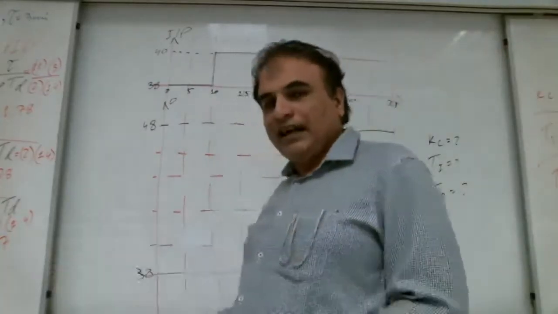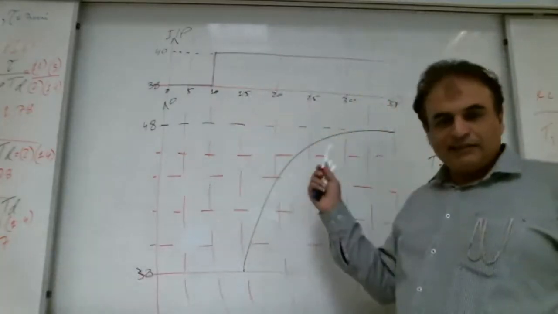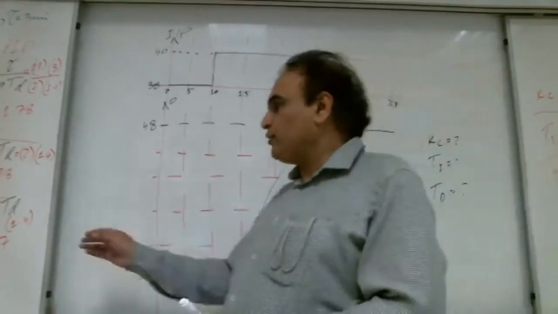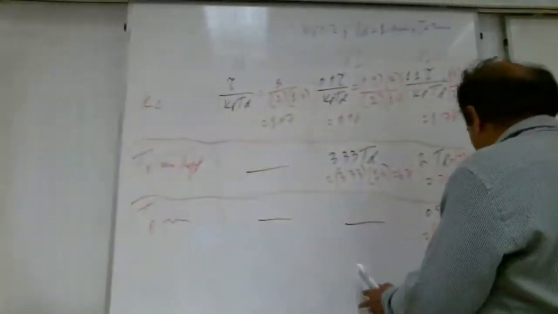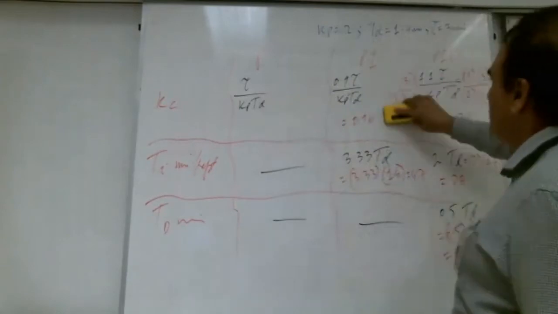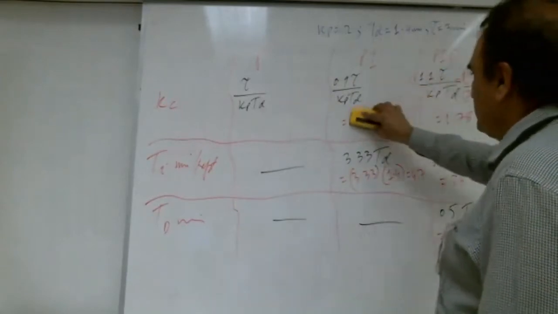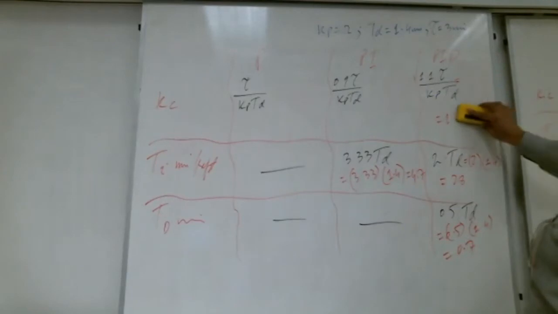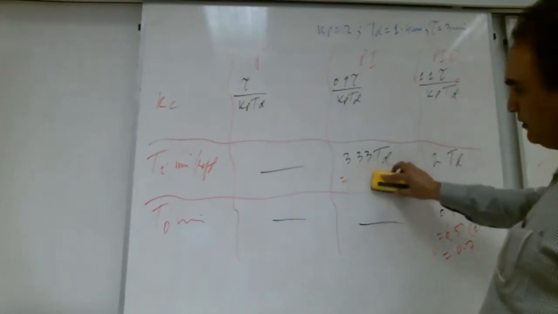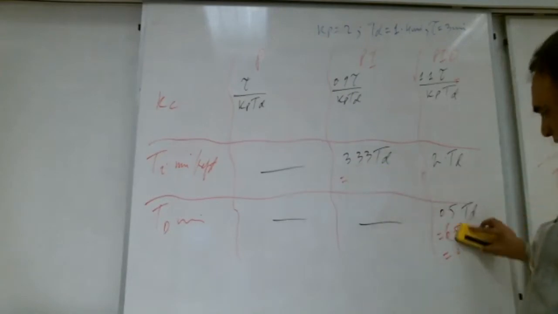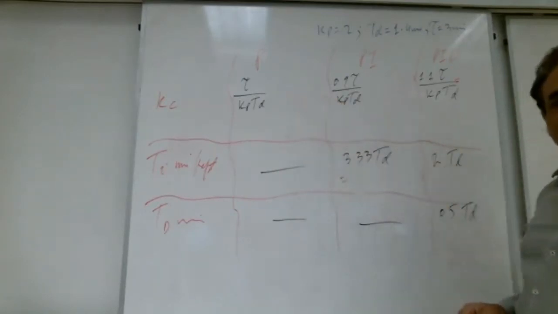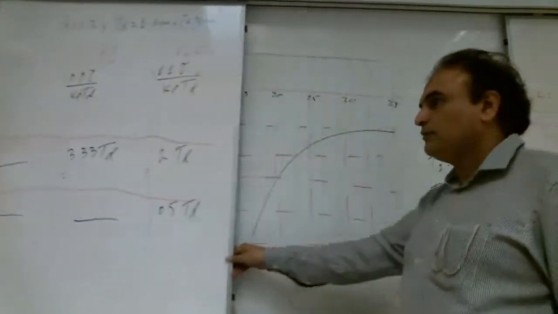Open loop system. Are these sustained oscillations? No, so it is open loop. In an open loop system we have this table. We want Kp, the process gain, the process dead time, and the process time constant. These three things we want.